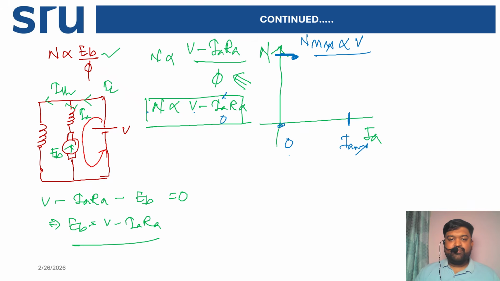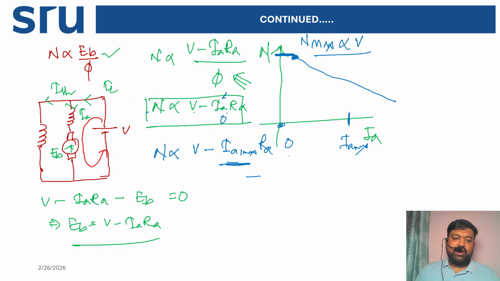When IA equals maximum, the drop will be maximum, and your speed will be minimum, because N is directly proportional to V minus IA into RA. If IA is maximum, the drop will also be maximum, the voltage value will be reduced, and then speed is also reduced.